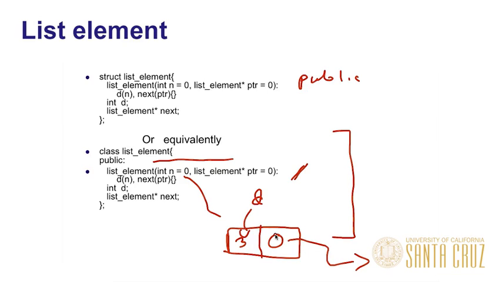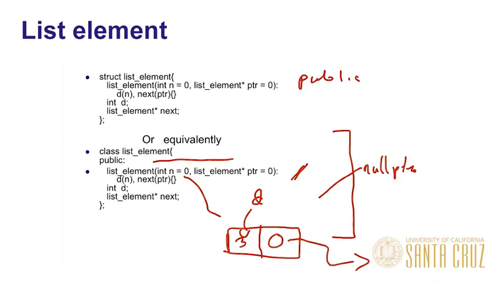Or in modern C++, if you have C++11, you could as well call this the null pointer. We'll see that as well. We're going to try and transition you in this class to the use of the most modern C++ constructs as well.